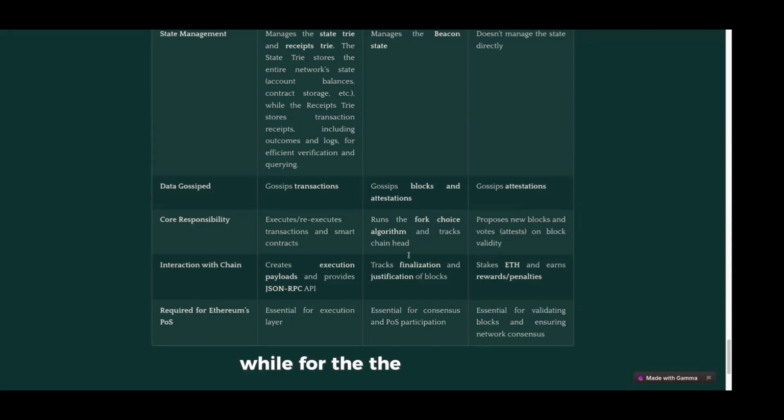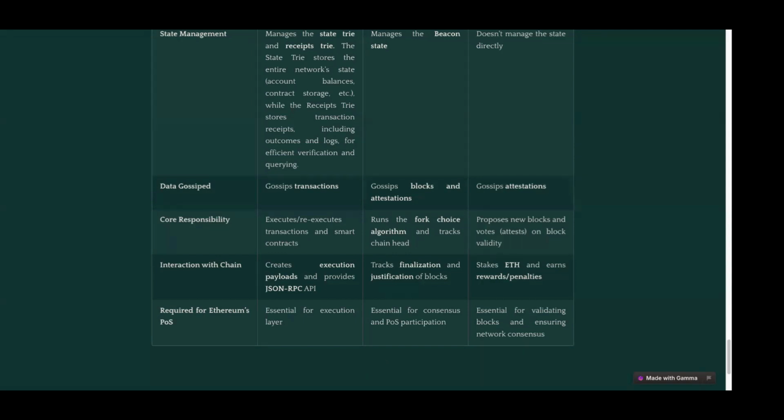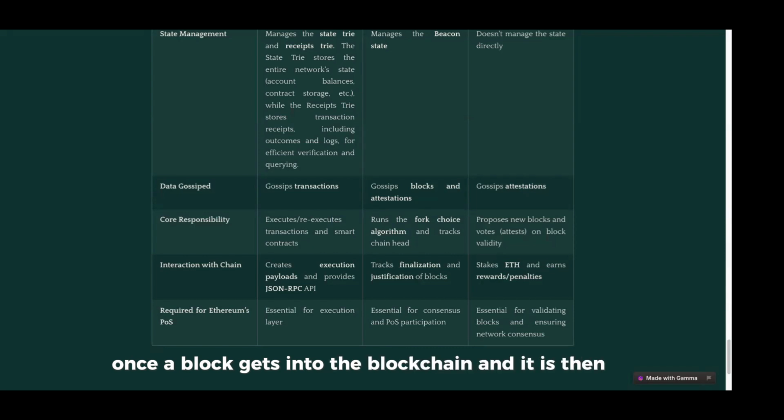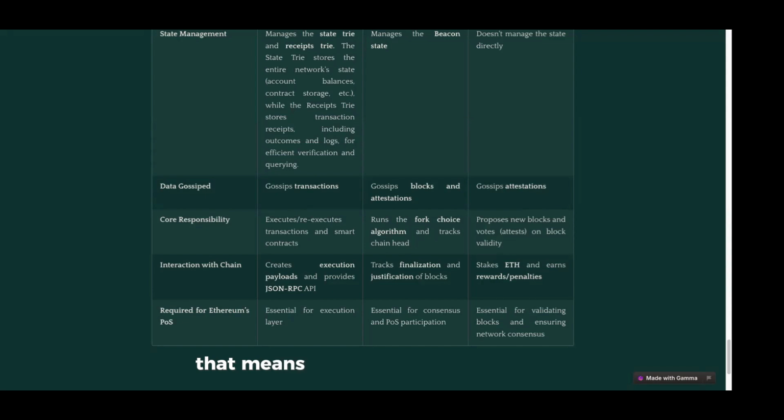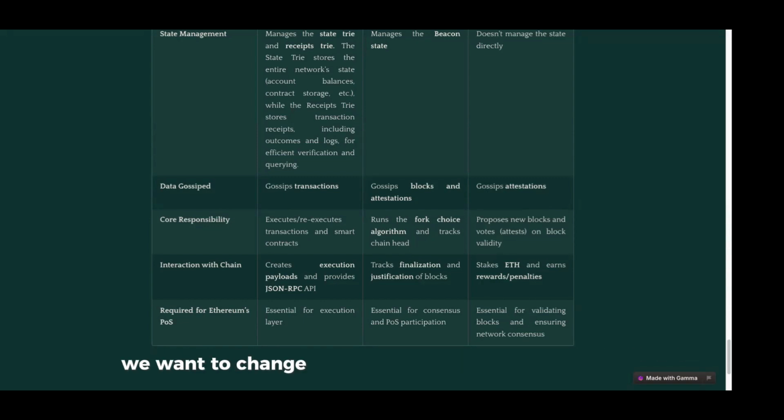While the consensus client just tracks finalization and justification of blocks. Once a block gets into the blockchain and it is then finalized, once it has attained finality, that means you can't compromise the data, you can't change it, you can't modify anything, except you have to get all the validators in the network and say we want to change this.